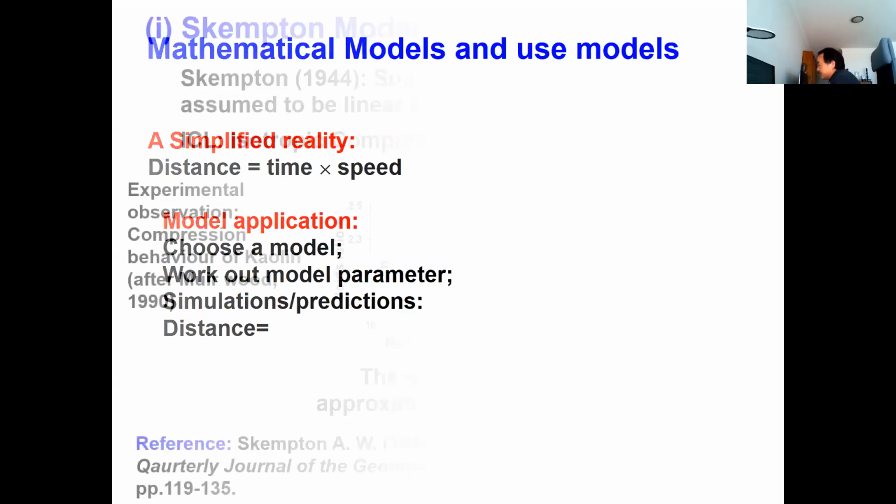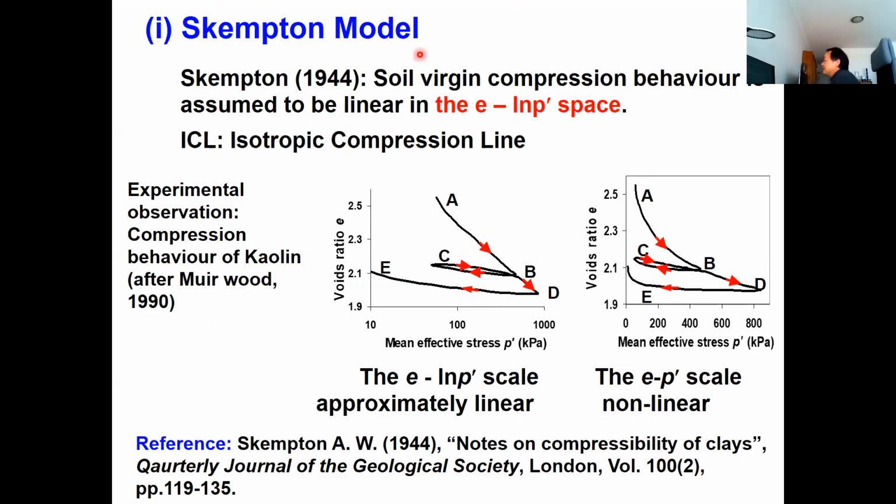Now, the first model is called the Cam-clay model. As I have just said, in the compression test, we only care about how the void ratio of the soil changes with the stress. So usually the compression model is presented in this way: the mean effective stress and the void ratio, when soil is loaded from A to B, how the void ratio changes.